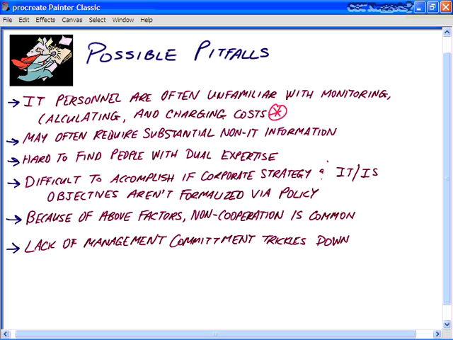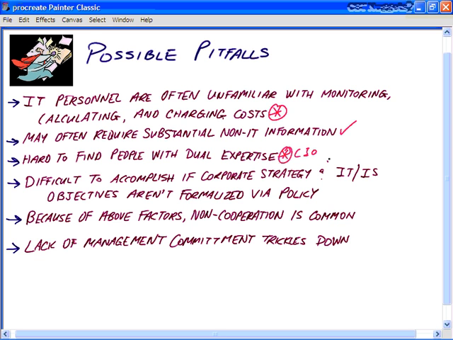This also requires substantial non-IT information, and it may be up to you as an ITIL professional to go out and get that experience and gain that knowledge. It's hard to find people that have this kind of dual expertise. If they do, typically they're going to be in high demand. They may end up becoming a CIO, a Chief Information Officer of an organization, or some other higher level management.